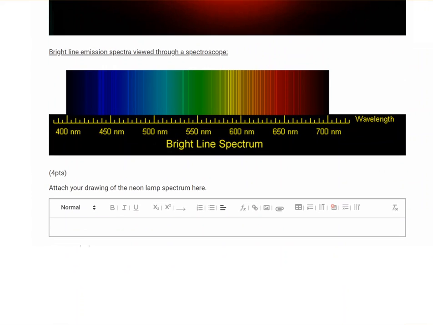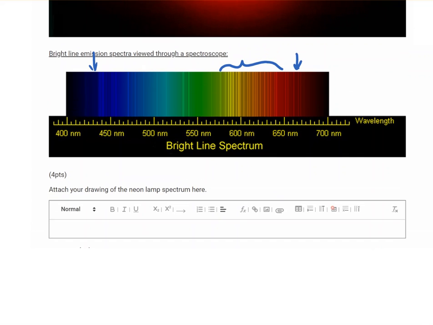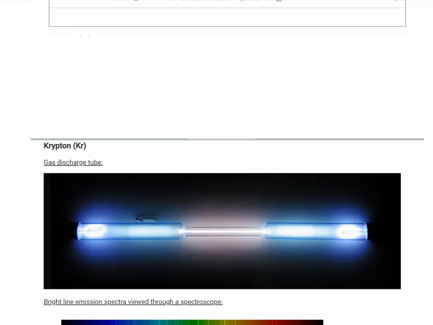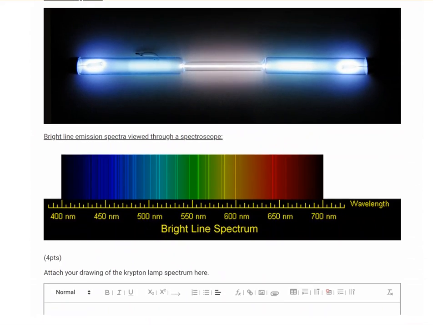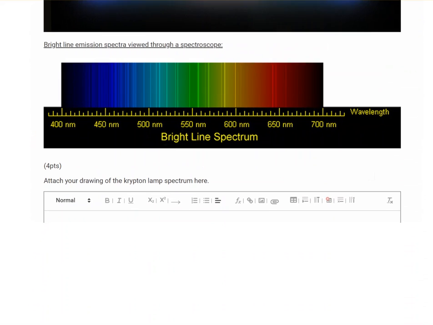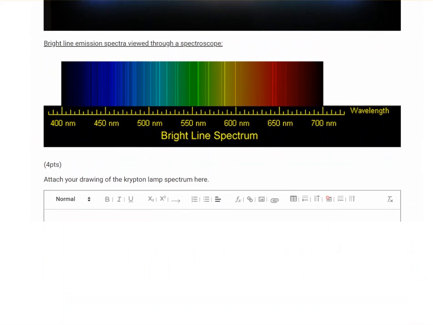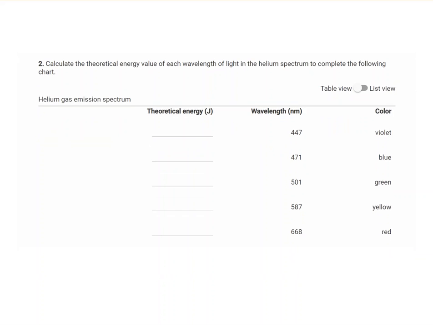When they get so busy like this, I would divide them into groups and say there are so many, and you could say that the total range goes from down here to up here. I'm not going to get real picky on your descriptions, but do give me some information about colors and wavelengths. Again, a lot of lines. You might pick out some of the bright ones and specify those.